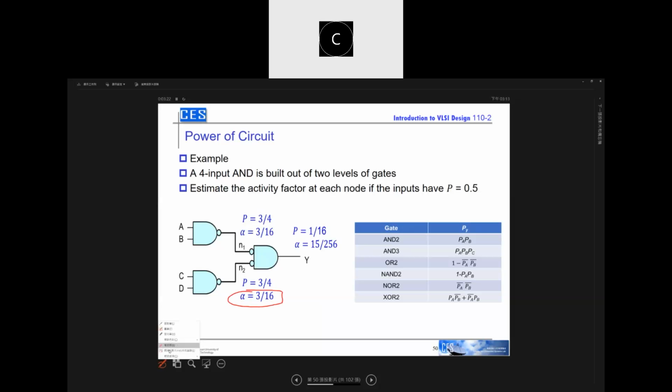Now we want to take a look at this gate. Okay, so what's this gate?